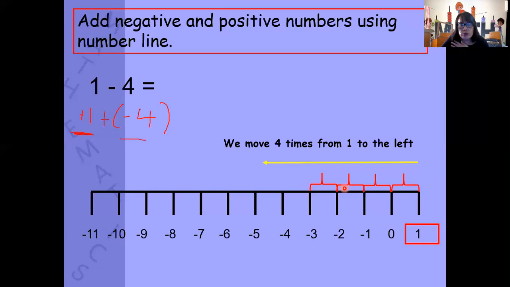Now, I want to ask you, where did we stop? Yes, very good. We stop at -3. I mark it down so that I know where I stopped. Then I write my final answer, which is -3. Therefore, 1 plus -4 equals -3.